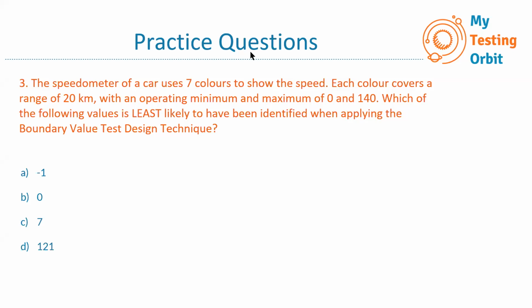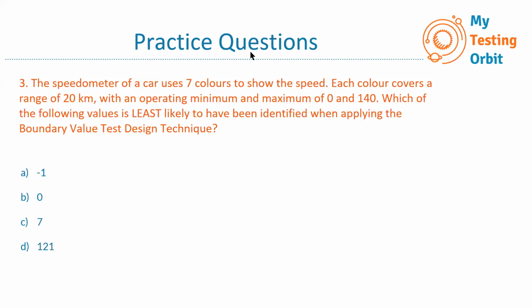Denmark has given the answer option C, and Madhuri has given the option D. So C is 7 and D is 121. Sahana has given C. Ankita has given the option C. Okay, so now we have got a few of them. UV has given C as well.